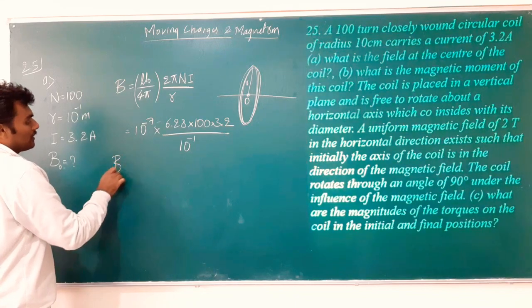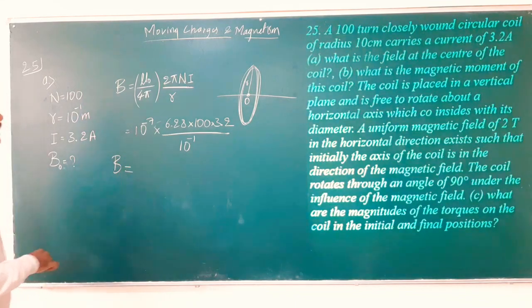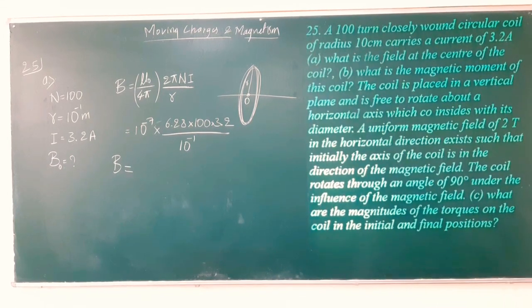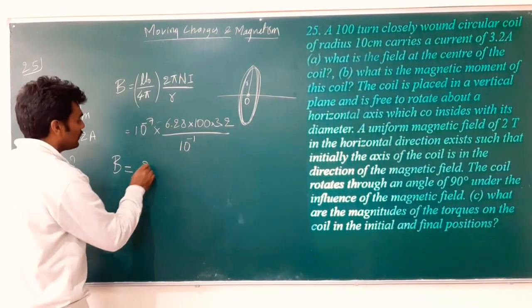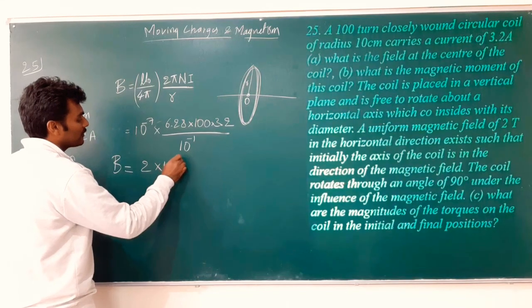Make use of a calculator, simplify this, and after simplifying this, you will get the magnetic field value at the center equal to 2 into 10 to the power of minus 3 Tesla.